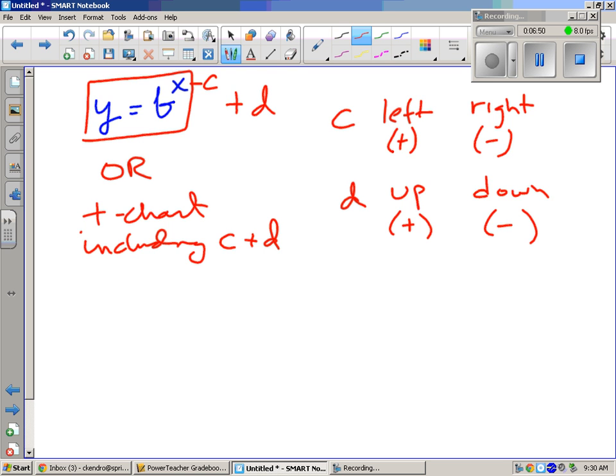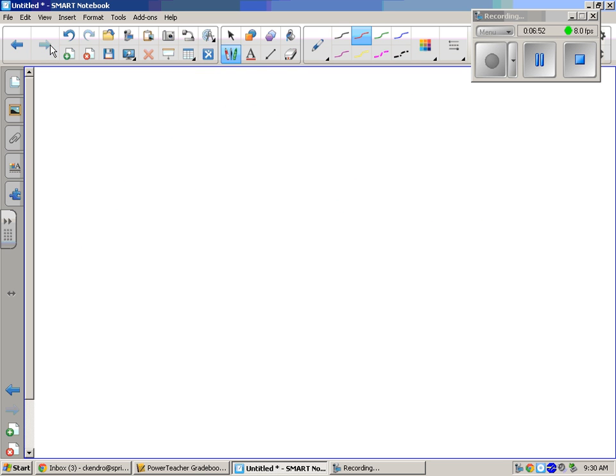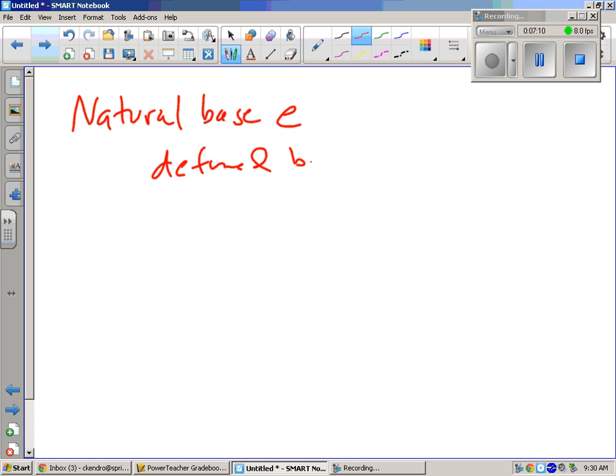The next thing I want to talk about is the natural base e. e is a number just like pi is a number. You might not be as used to it, but it's used quite often. It is defined by this, 1 plus 1 over n to the nth.